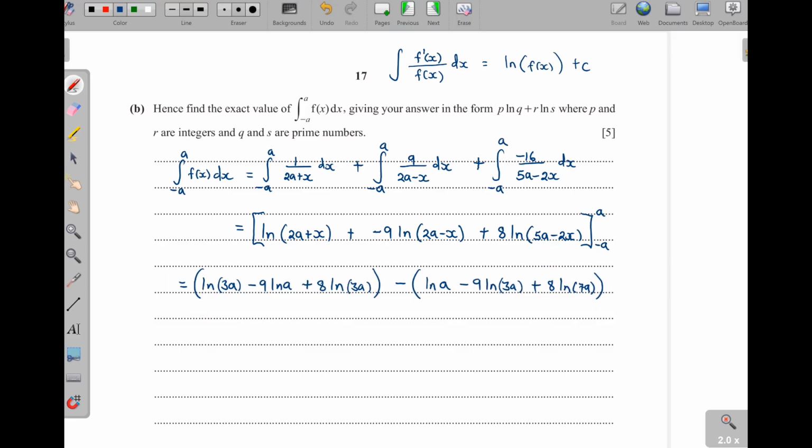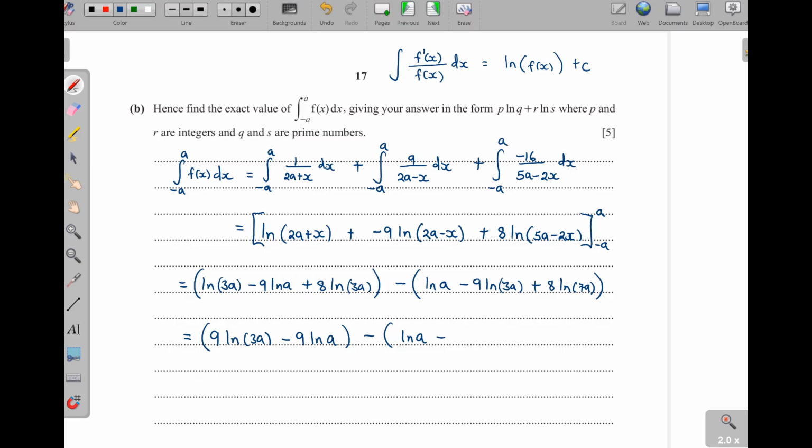Then we simplify. This is natural log of 3a, and this is natural log of 3a. So look at the coefficients. This is 8 and then 1. So when you add all of them together, you are going to get a 9. Not so. We shall get a 9, then the natural log of 3a. Then minus 9, then the natural log of a. Okay? Then we come to this one here. It is going to be the natural log of a, then minus.